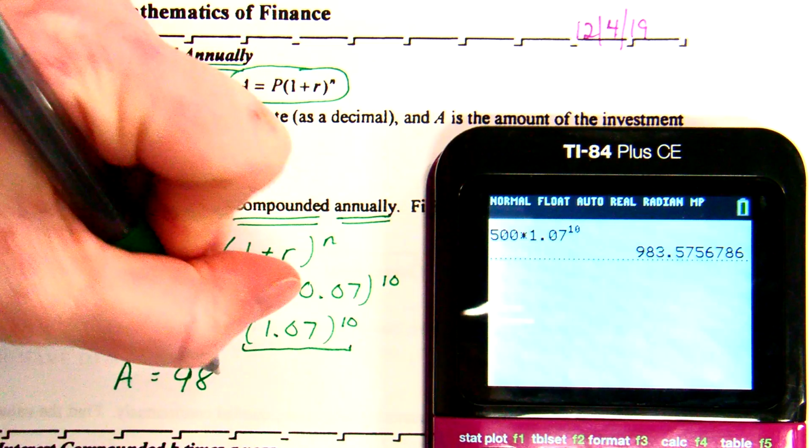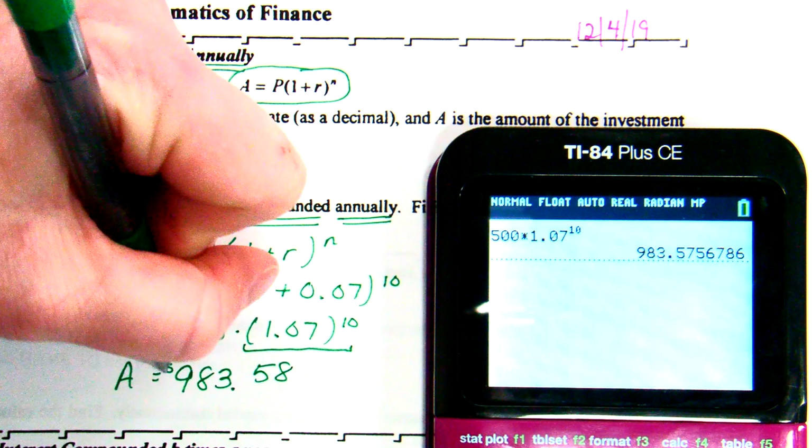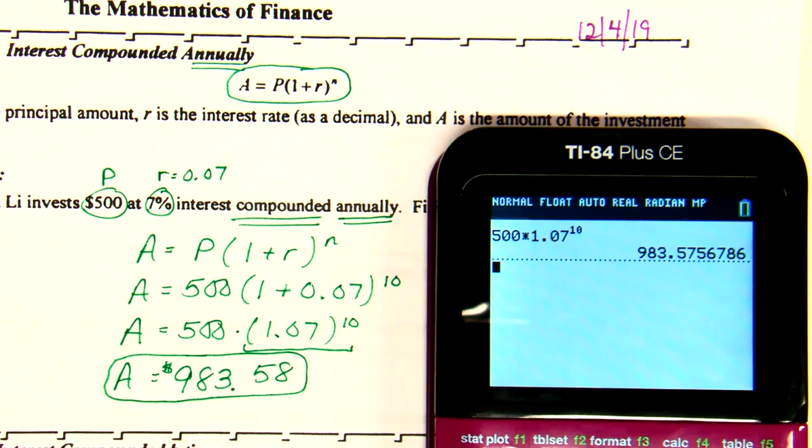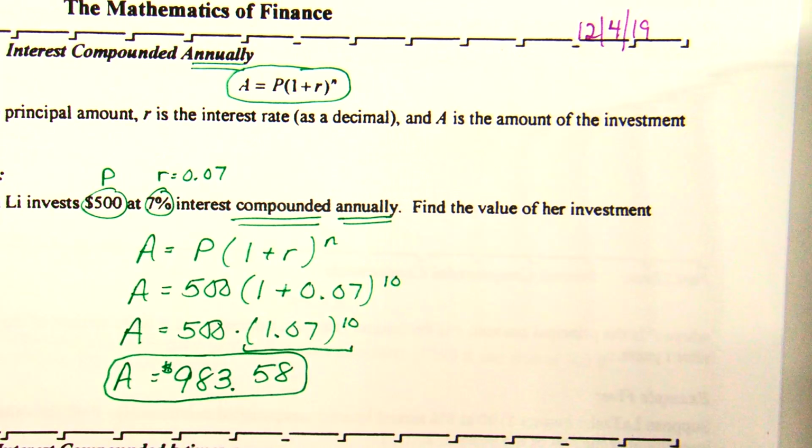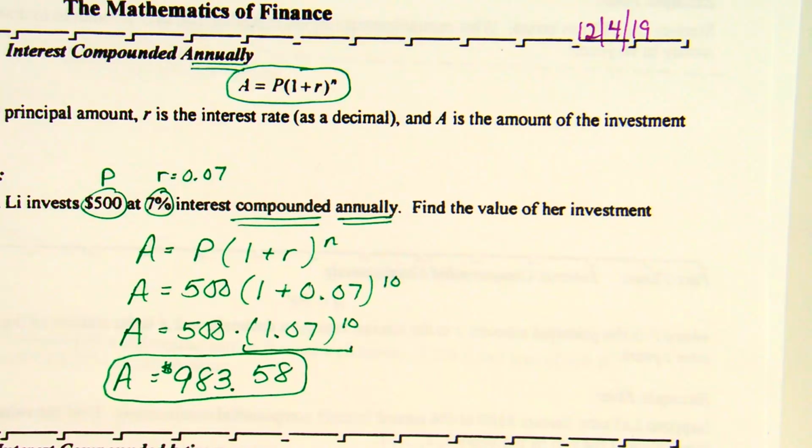So, $983.58. Questions on the annual formula? You've probably been using that since middle school, I would think. Back in middle school, it was a lot harder to explain how to use it on the calculators, but that should be a little easier now.